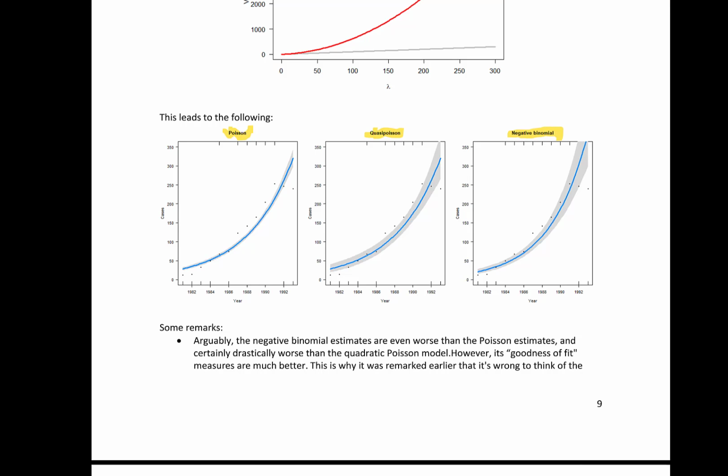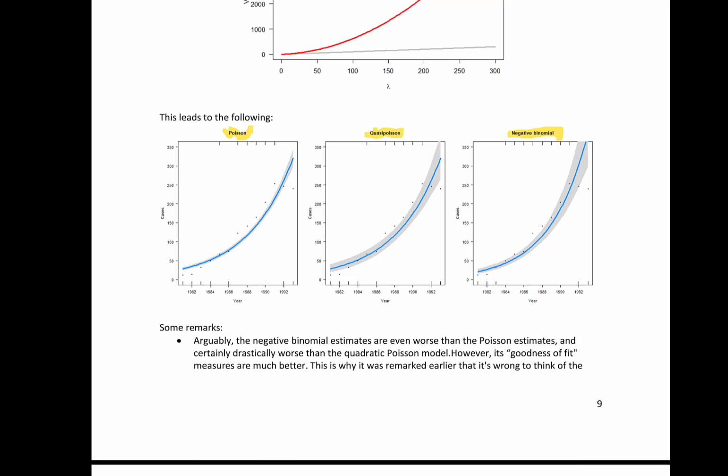But if the estimates themselves aren't as good, does that really matter? This goes back to the idea that we really have two things we're interested in. We want to estimate our parameters well, or in this case, we want a good model fit. But we also want good standard errors. And so it's going to be a balance between those two.